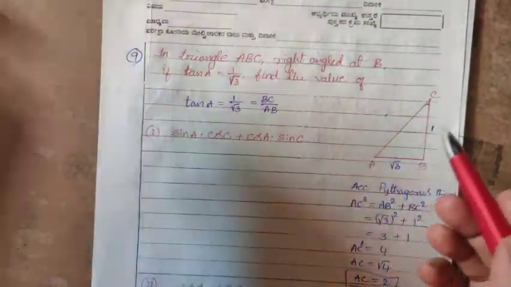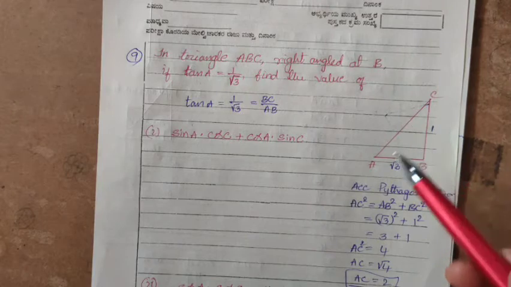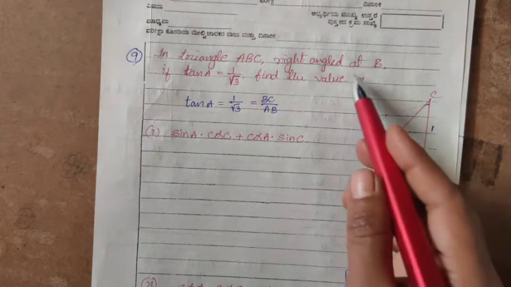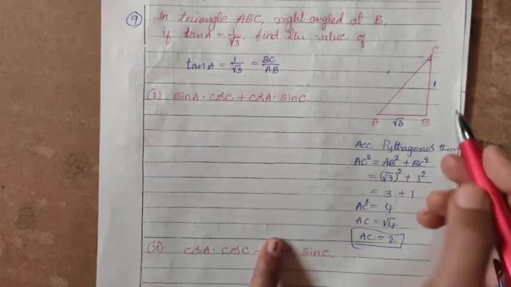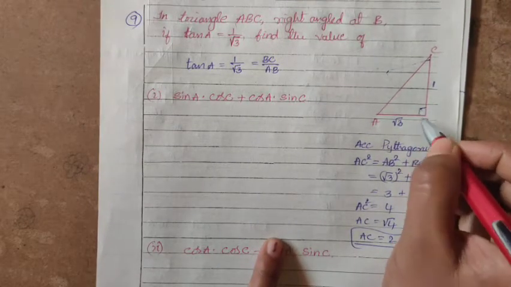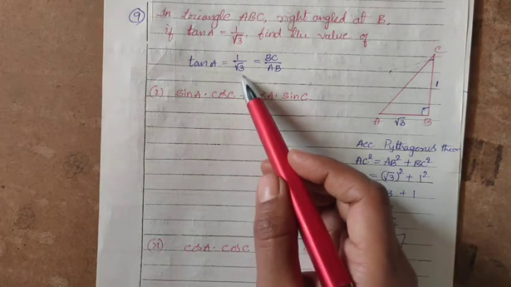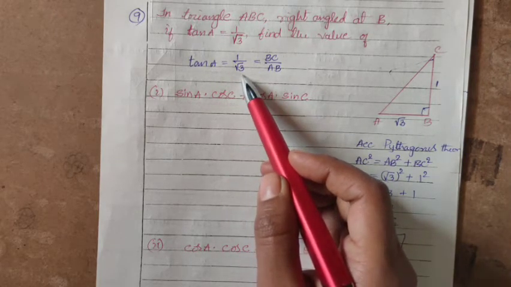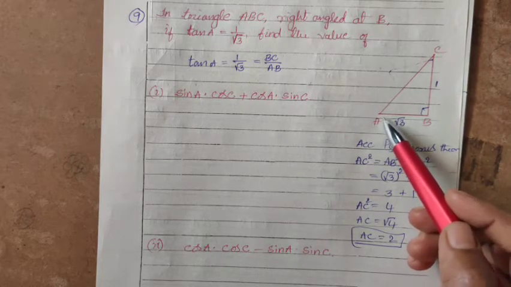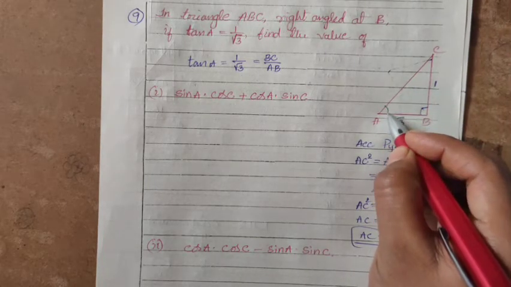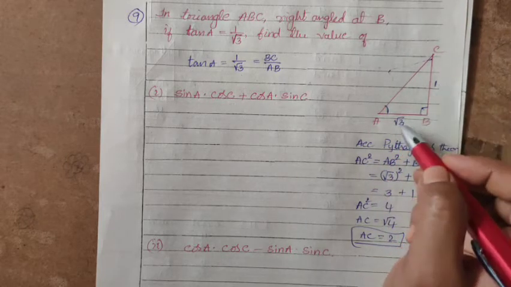Here I will write the right angle triangle ABC, it is right angled at B, so this is 90 degree. And tan A is given, that is 1 by root 3. When it is the angle A, tan A is equal to 1 by root 3.